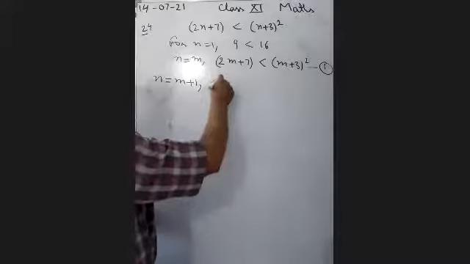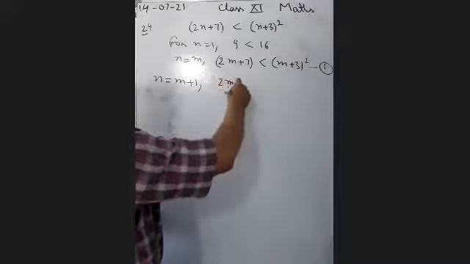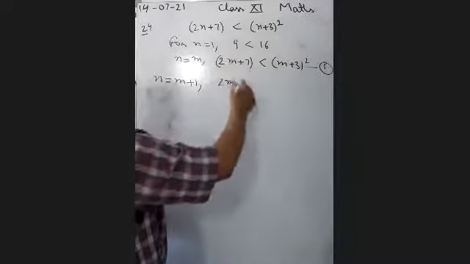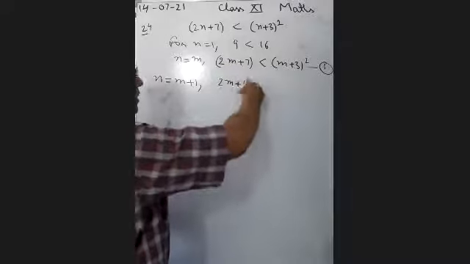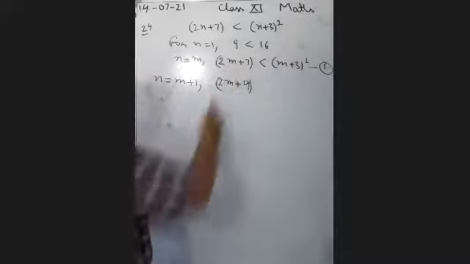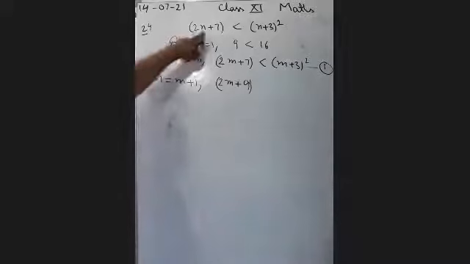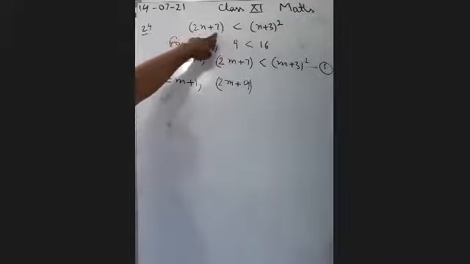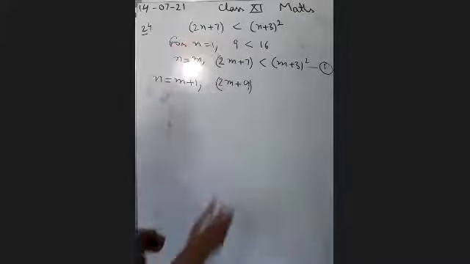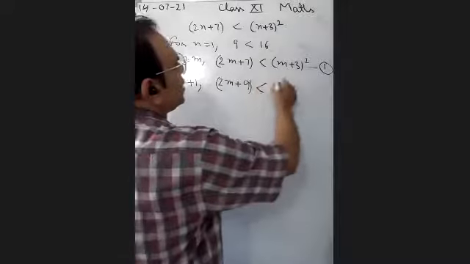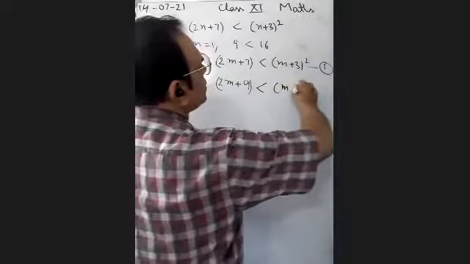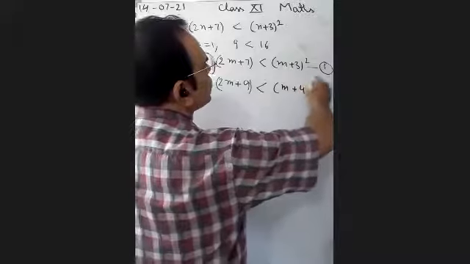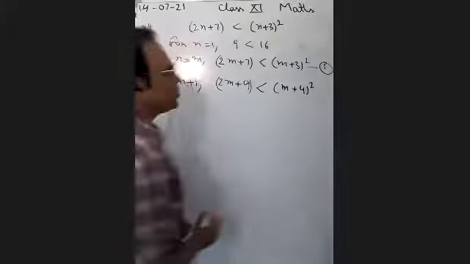If we put here m plus 1, we will get 2m plus 9. Right? If we put m plus 1 in place of n, then 2m plus 2 plus 7, that is 9. On the right side, if we put m plus 1, we will get m plus 4 whole square. This we have to prove.